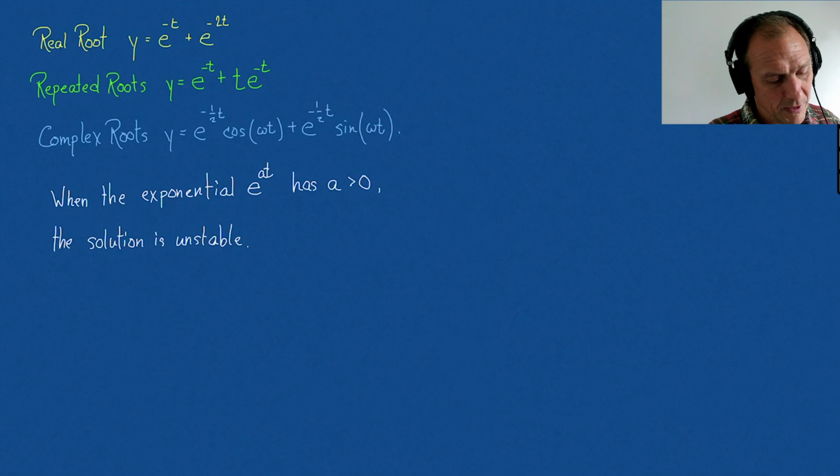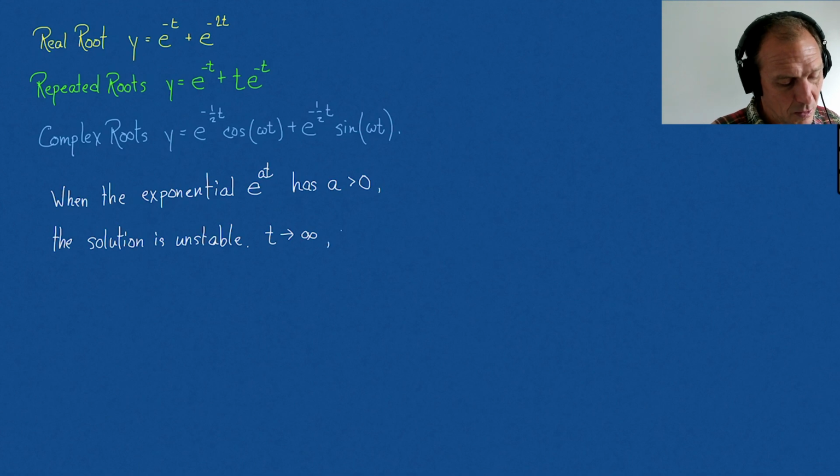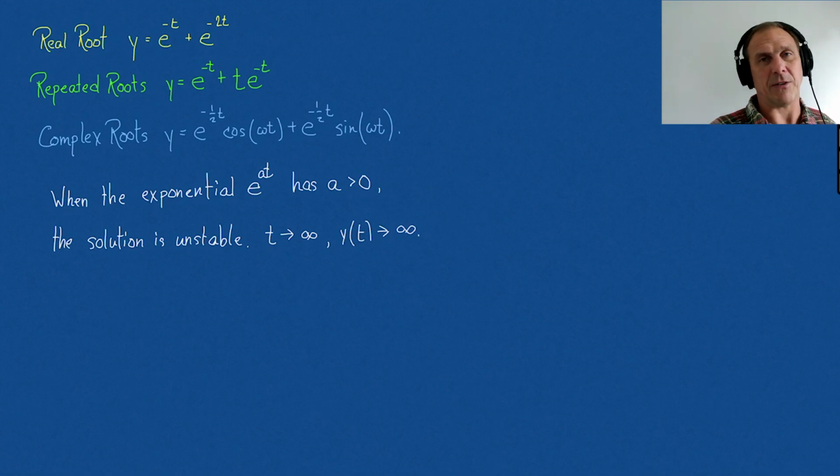What we mean by that is that as time goes to infinity, the solution also goes to infinity. And it does it very fast. E to the t grows quite quickly.